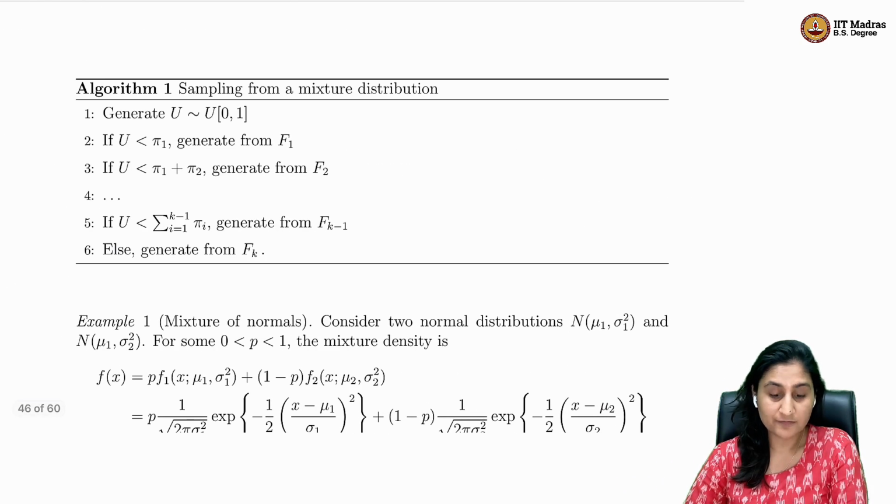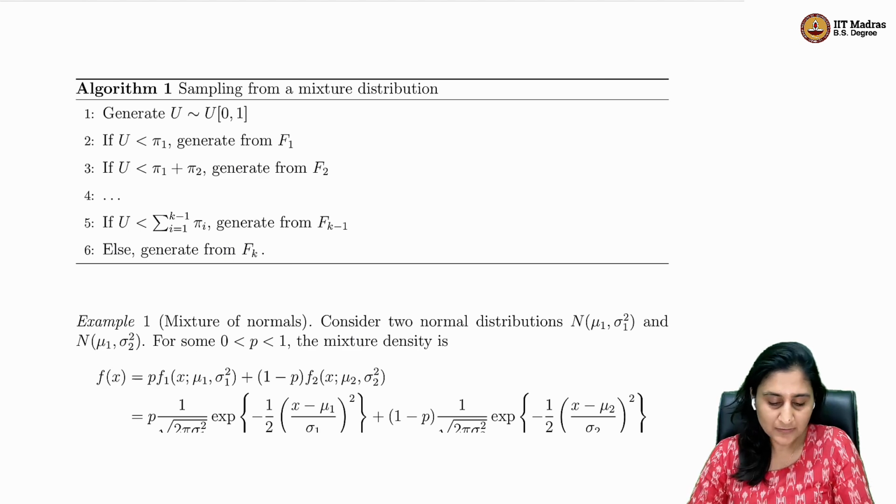First, you generate our favorite uniform random variable U. If U is less than pi_1, then you generate from f_1. If it's less than pi_1 plus pi_2, you generate from f_2. If it's less than the summation of pi_i from i equals 1 to K minus 1, you generate from f_{K-1}. And finally, if none of these happen, then you just generate from f_K.